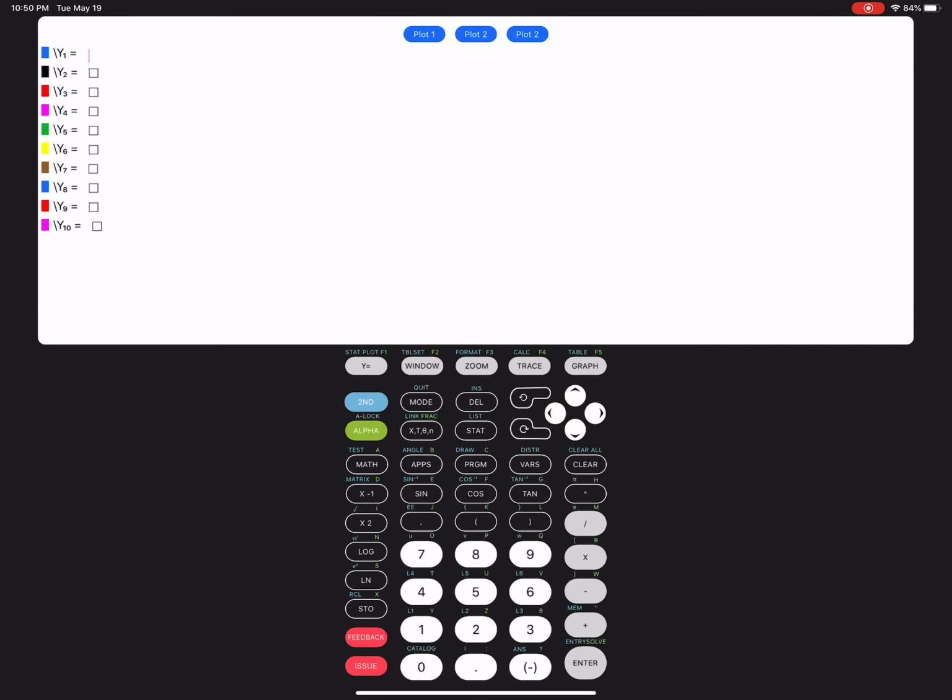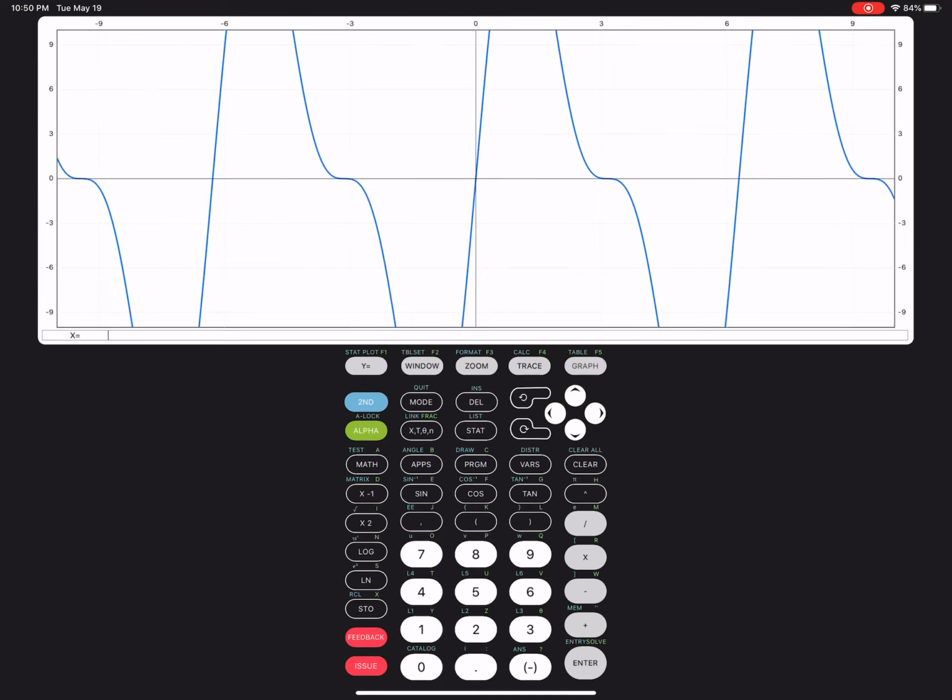And so I want to graph 16 sine x, and I'm going to do parentheses times cosine x, and then plus 1, and close my parentheses, hit enter. I'm going to graph this thing.